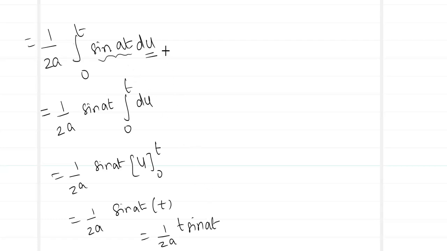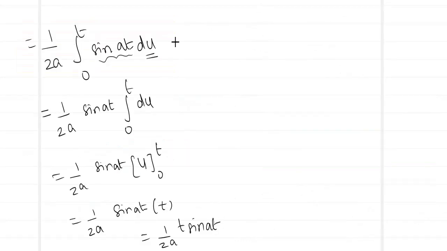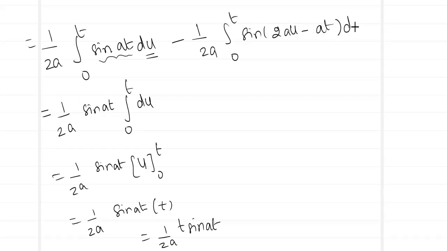Now moving to the second part. What we have in the second part? Sine 2au minus at into du. So we have minus 1 by 2a integral from 0 to t sine of 2au minus at with respect to du. Now, this sine contains a u inside and hence becomes a function of the integrable u.